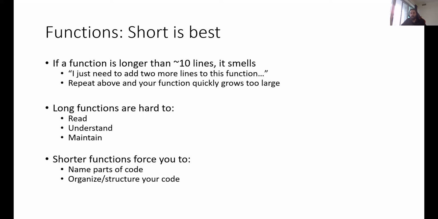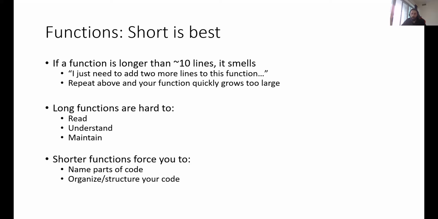Don't think that you will just add 2 more lines and that's it. Sometimes you keep repeating the same thing, adding 2 more lines every time, until you eventually look at the function and it's out of your hands. You don't understand what's happening. It's very long. So once you go beyond 10 lines, try to think of ways to reduce the function length. Always remember that shorter is better.